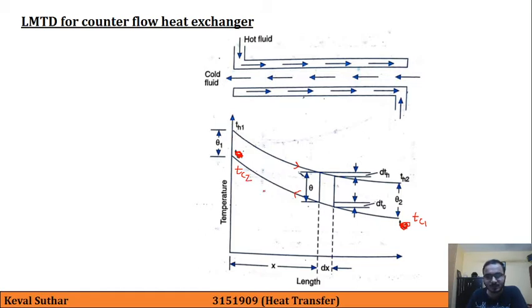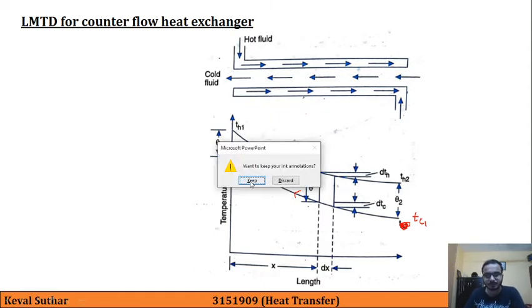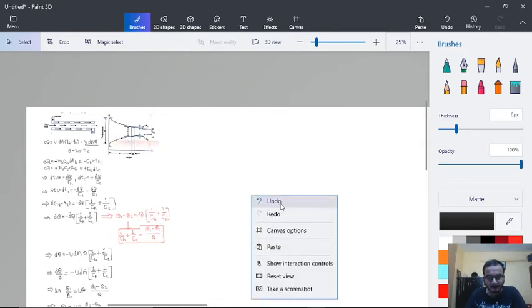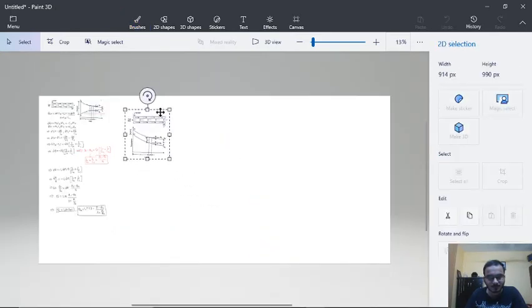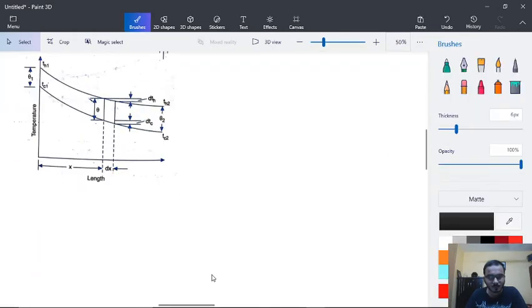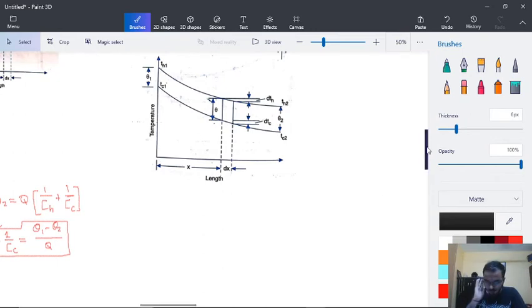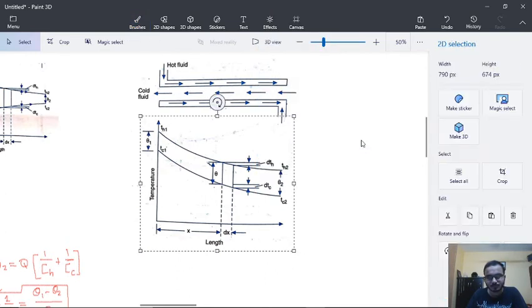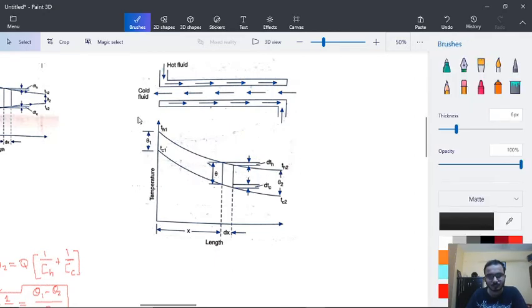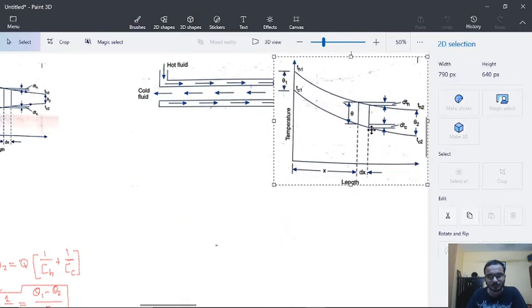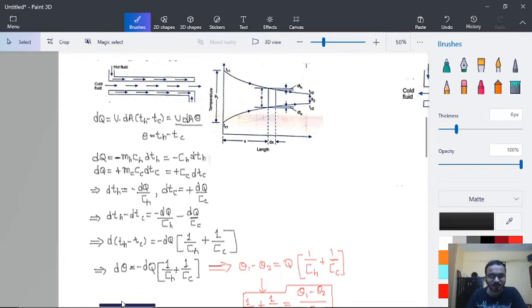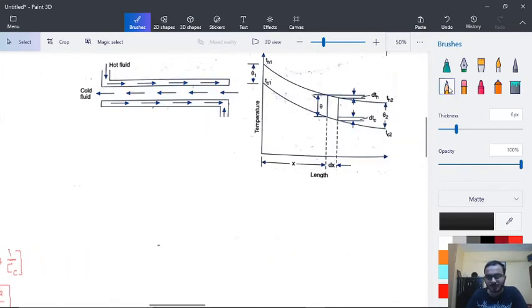Now let's begin with our analysis part. As we have already done the whole thing for parallel flow, we will quickly move into the details of this theory.